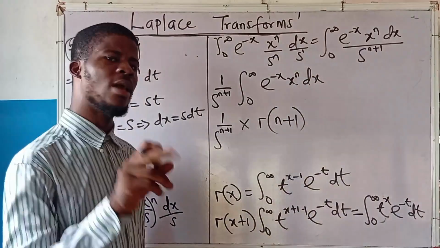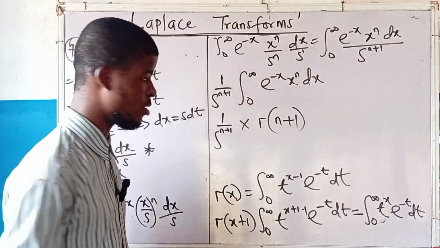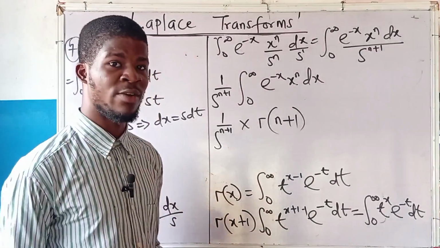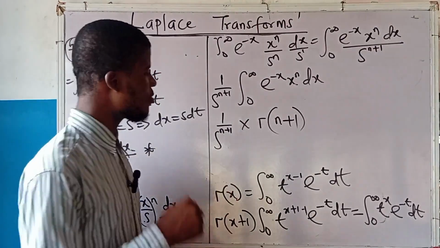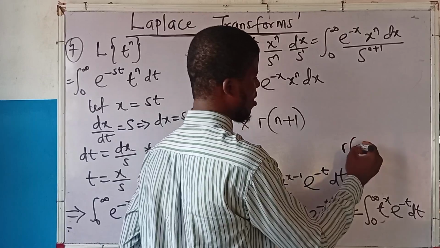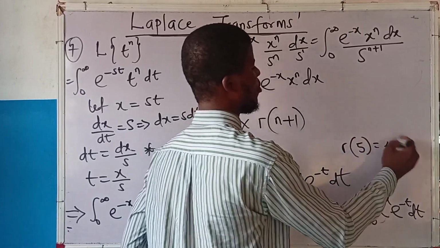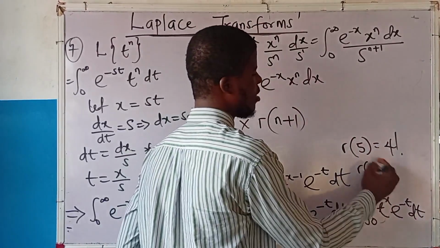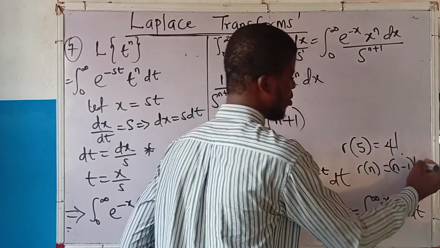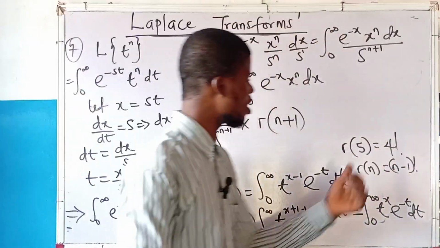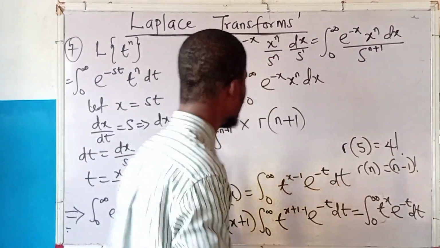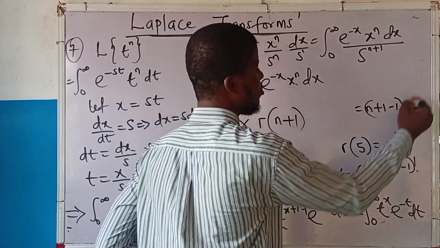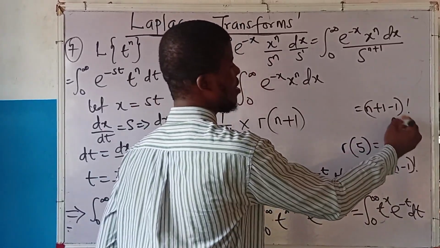Now, in the gamma function, if you want to understand the basic principle behind it, you can watch my video on the gamma function. In the gamma function, the gamma of 5 is 4 factorial. The gamma of n is actually n minus 1 factorial. That means we subtract 1 from the value inside the bracket. So the gamma of n plus 1 is n plus 1 minus 1 factorial, and that's actually n factorial.